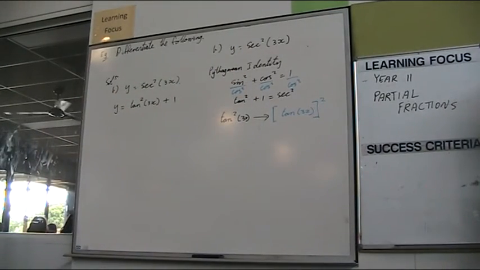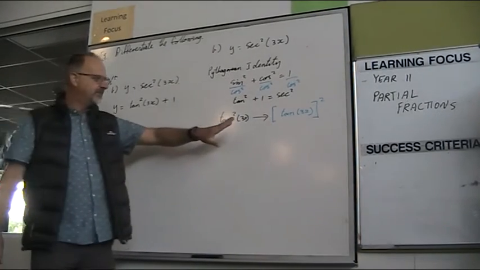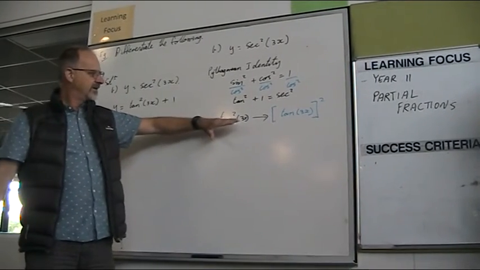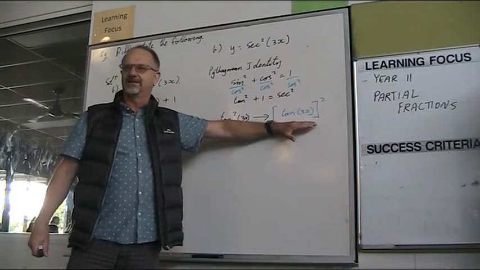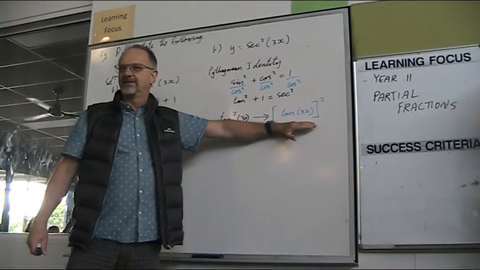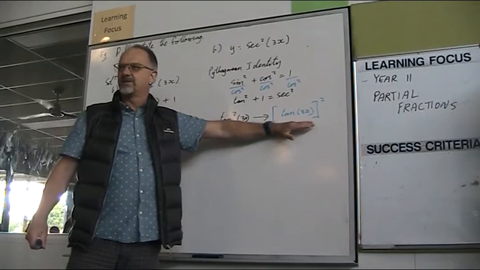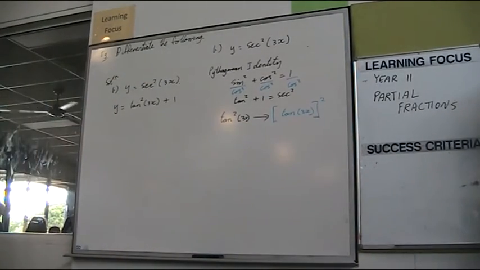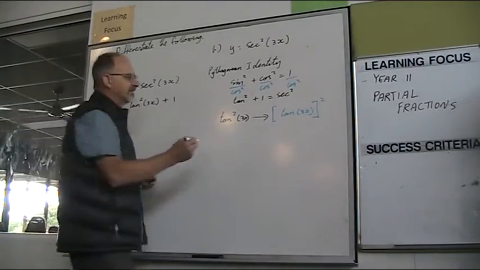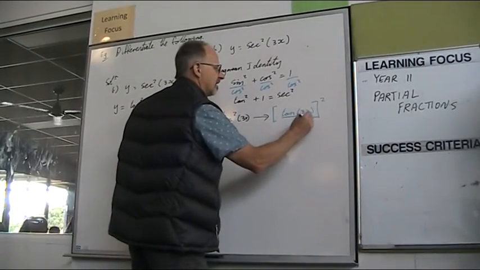Alright, so that's the way we write that. So when you think about tan squared of 3x as being this, which one's on the inside? Tan 3x is on the inside, yes? So this is the one on the inside.